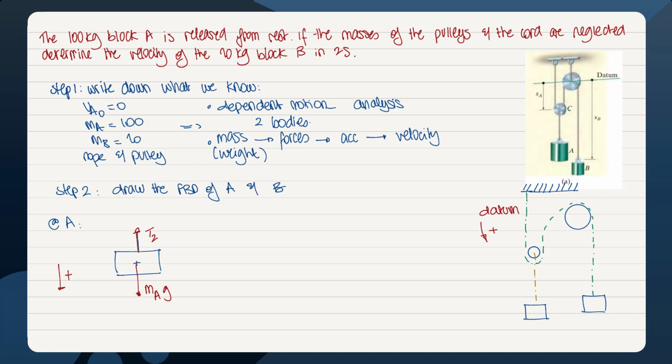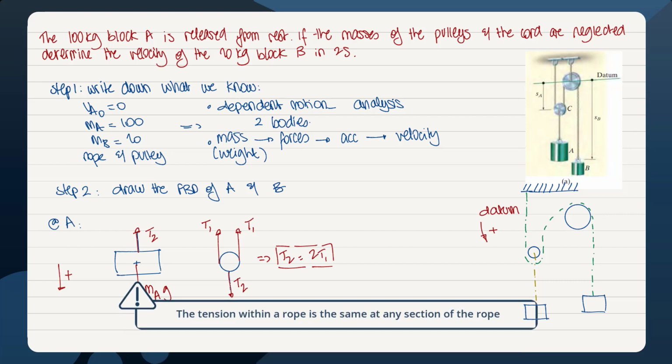So let's do that. From the bottom, we have the tension due to the yellow cord. And remember, another remark about cords is that the tension inside the cord is the same along the whole path. If you take a cord and cut it at any position, the tension inside would be exactly the same.